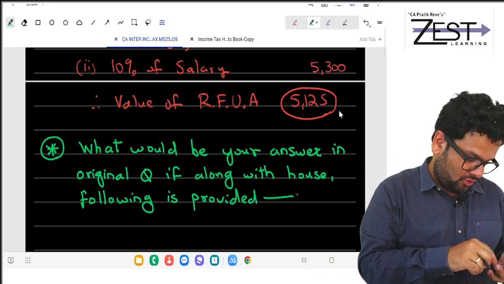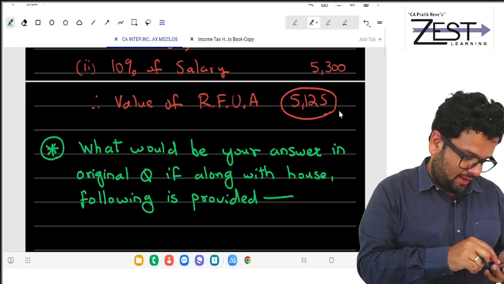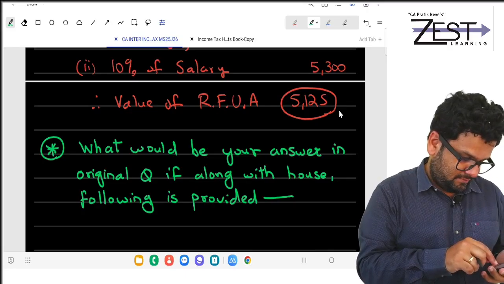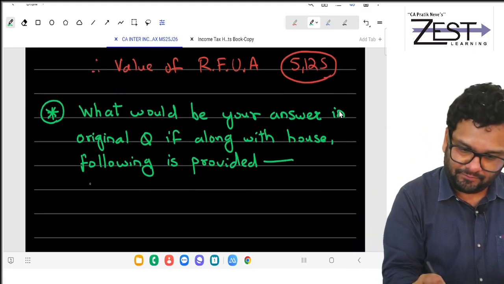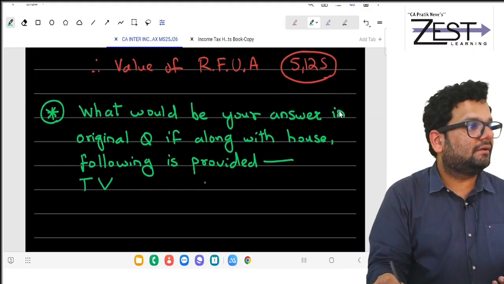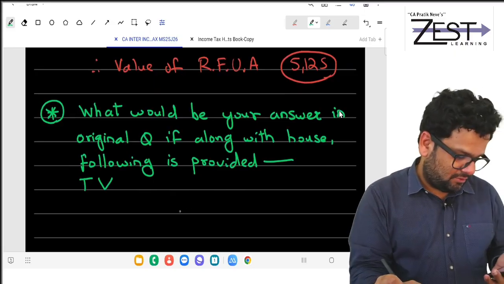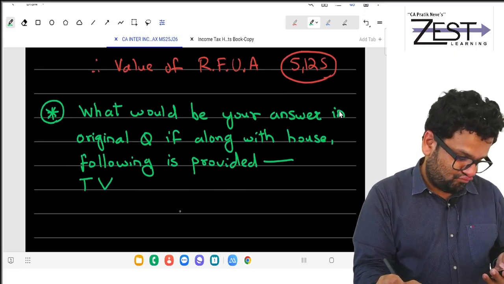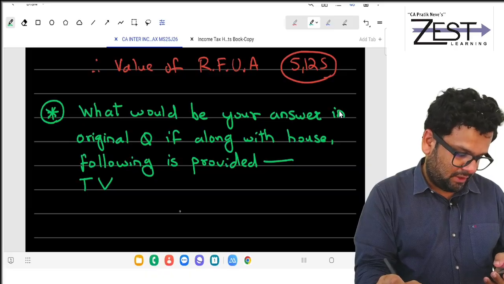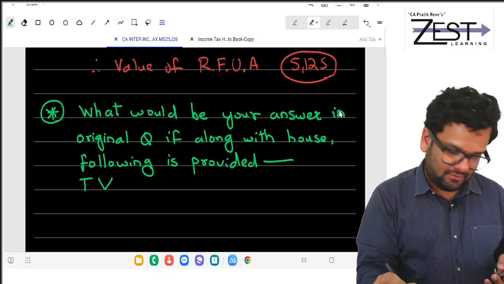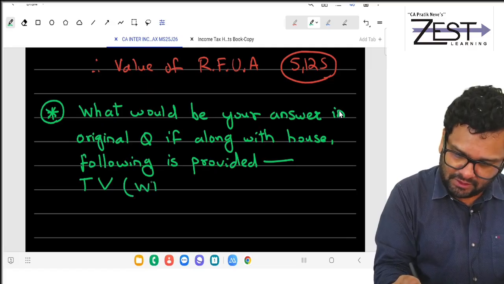One, what do you have? You have a television, not transaction value. Television, in bracket WDV 10,000. Are you interested in WDV?